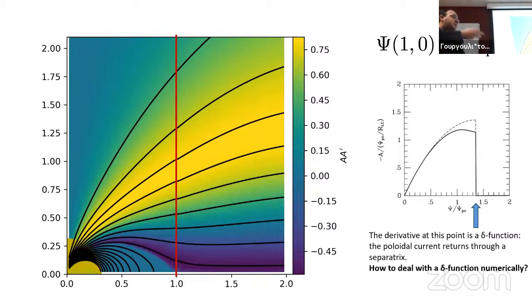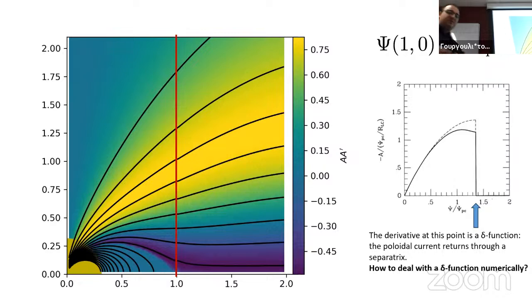This is where the current sheet we were talking about before appears. This current is essentially described through this step function, and the current density there is essentially the derivative of this step function, which is practically a delta function. So this is telling us that the poloidal current that goes out should return through the separatrix.